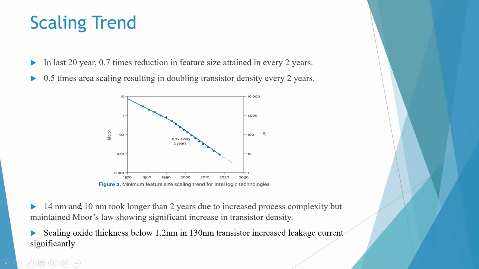But 14 nanometer and 10 nanometer technology took longer than 2 years due to increased process complexity, but it was still able to maintain Moore's law because there was a significant increase in transistor density.